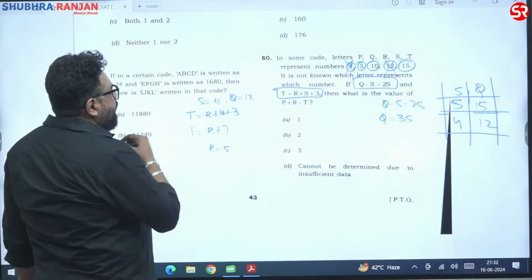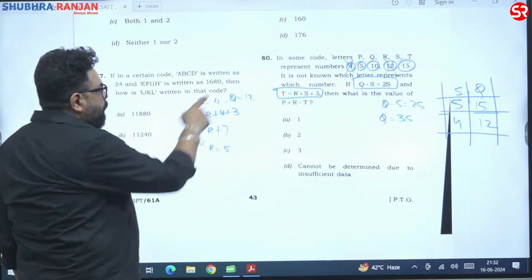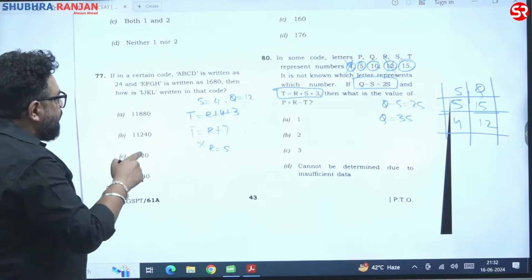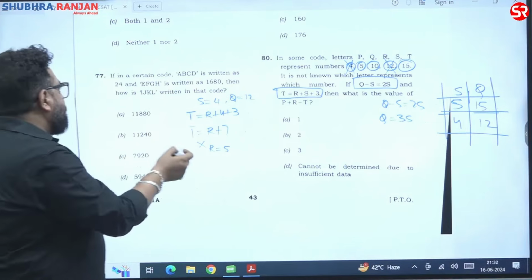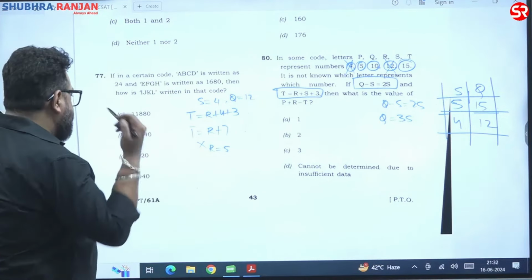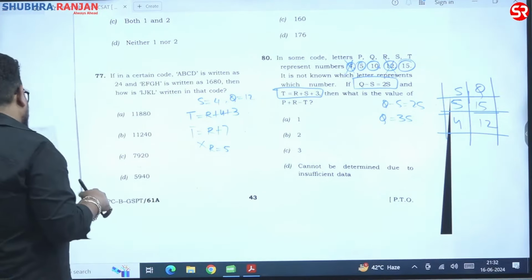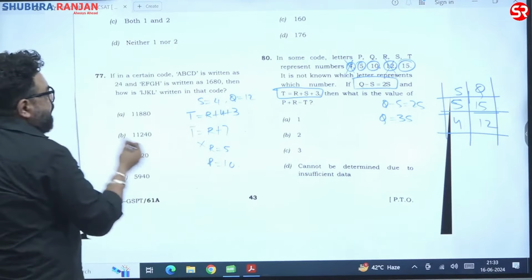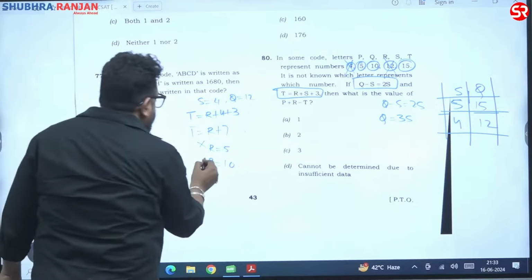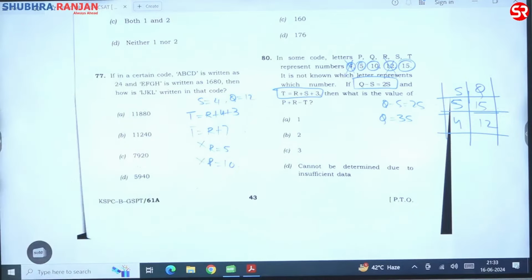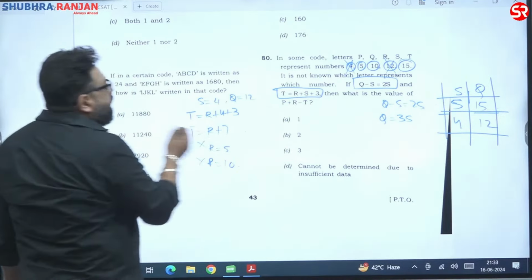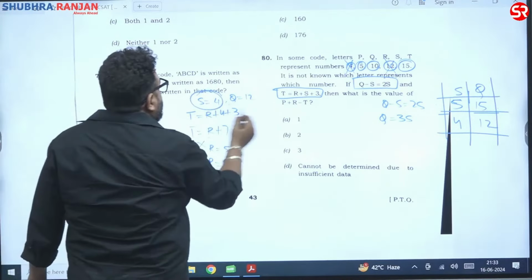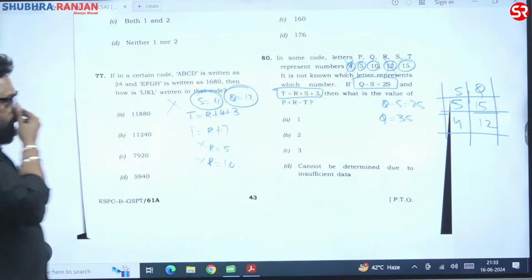So then T would be 12, not possible because 12 is already taken, isn't it? Or R can be, plus 7 to be done, so 5 is not working, take 10 plus 7. If you take R as 10, in that case T is equal to 17. 17 is not there, 17 is not possible. And R is equal to 15 you cannot take, 15 plus 7 is 22 is not there, right? So S4, Q12 is not working over here.